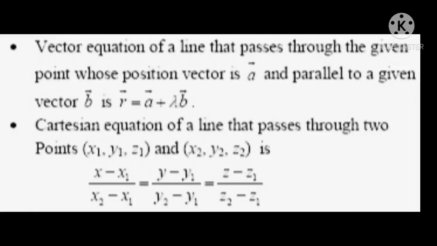So the next one is the vector equation of a line that passes through a given point whose position vector is A and is parallel to a given vector B: R vector is equal to A vector plus lambda B vector. Let's understand it.